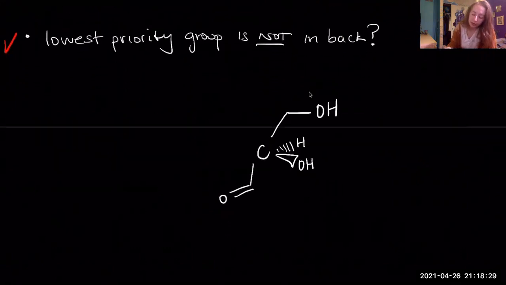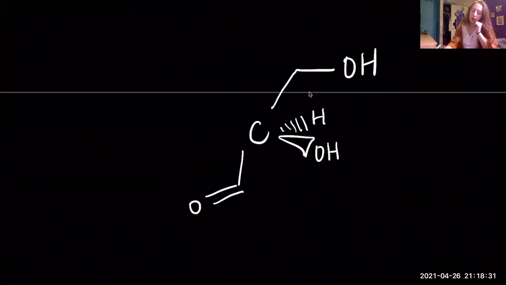Here, we can label our number 1 and number 4 pretty easily. Our hydrogen will be number 4. Our oxygen right there will be number 1. And then we have to decide between this way or this way, which priority.